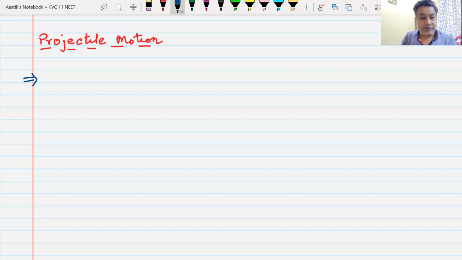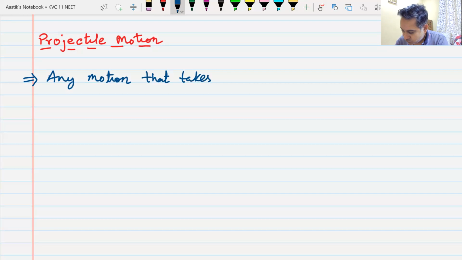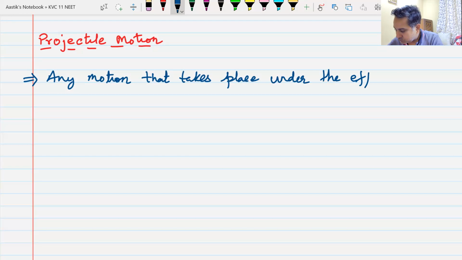Any motion that takes place under the effect of gravity only.